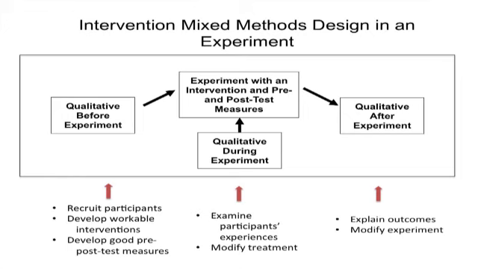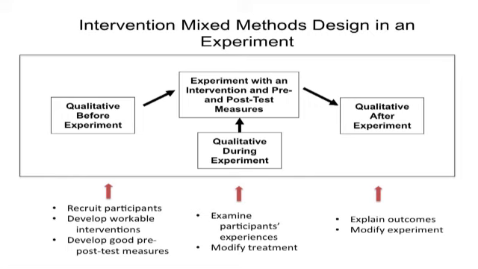It could flow in while the experiment is running. Sometimes it's helpful to know how the participants are experiencing the intervention so that the treatment could be modified for the next experiment. So it could flow in while the experiment is running. The qualitative data could also flow in at a third point after the experiment is over.